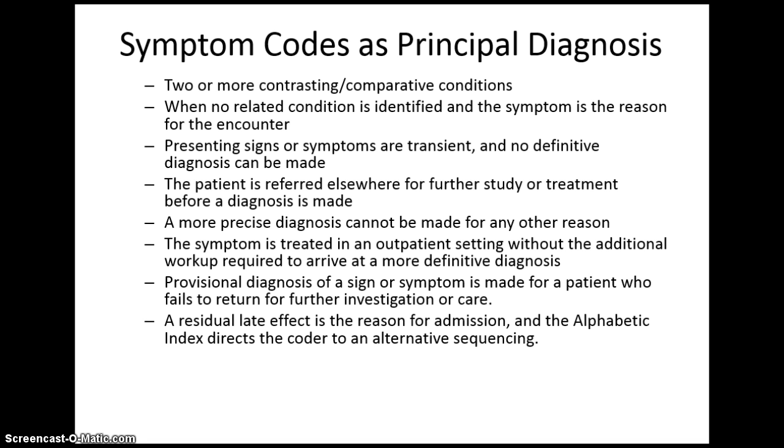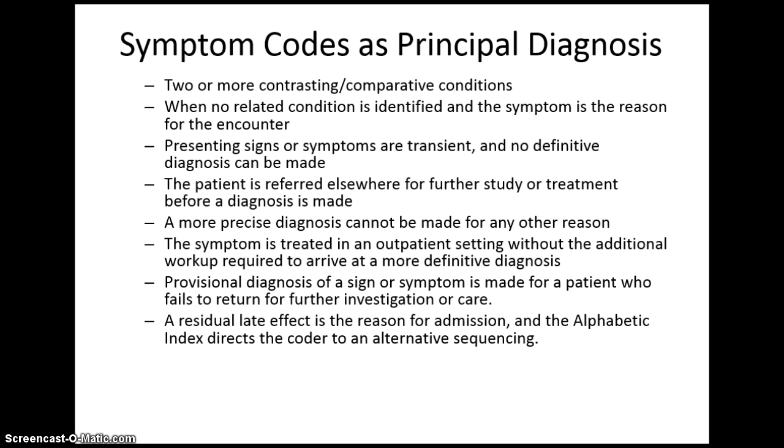Generally speaking, symptoms classified to other chapters are not designated as principal diagnoses when a related condition has been identified. The symptom can be designated as the principal diagnosis, however, when the patient is admitted for the sole purpose of treating the symptom and when there is no treatment or further evaluation of the underlying condition.